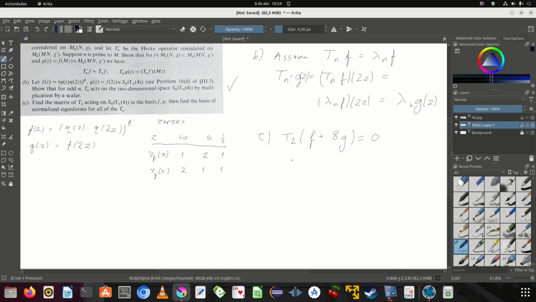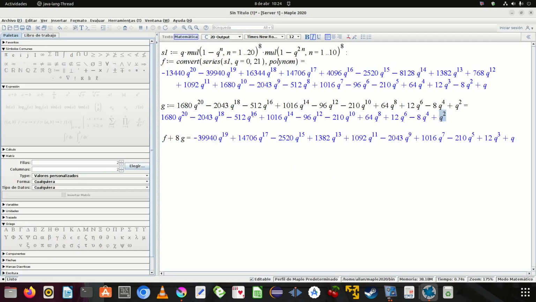So we just need to find out T2 of f, or g, whichever is easier. You know what? T2 of g, that's just equal to f.